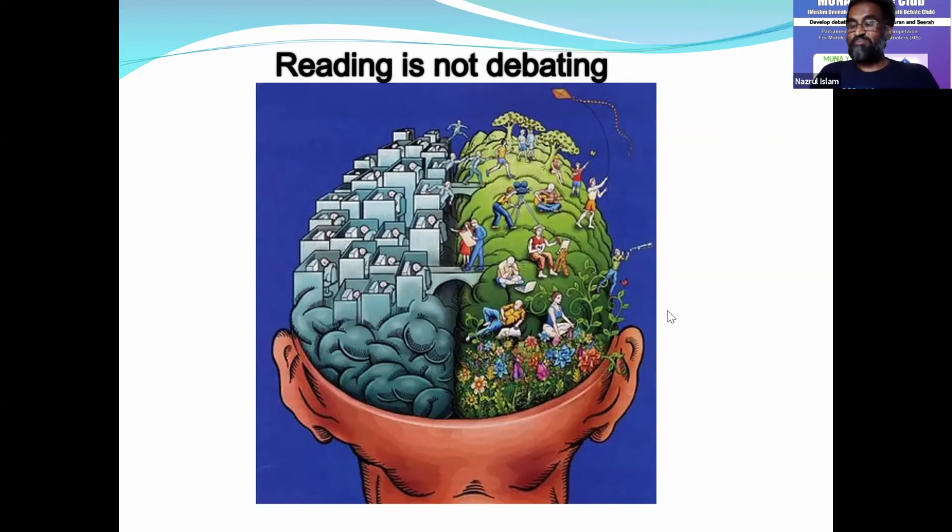So it is not a bad idea to write only the points. But I saw most of the debaters keep writing everything, full sentences. And they go to the podium and they start reading. If you want someone to read for you, a kindergarten kid who can read could do it.